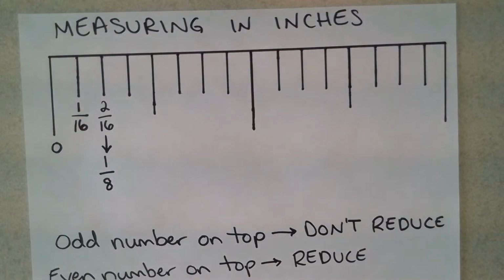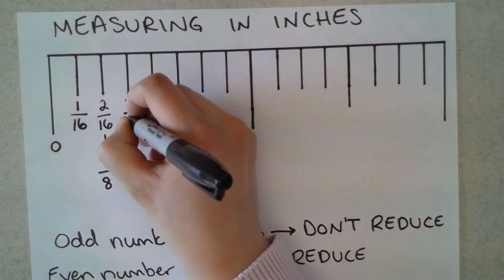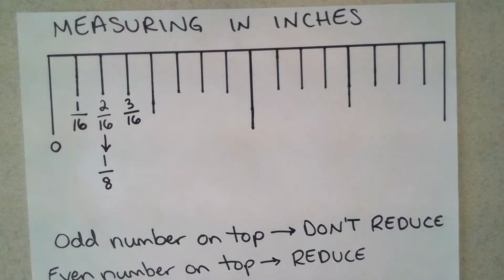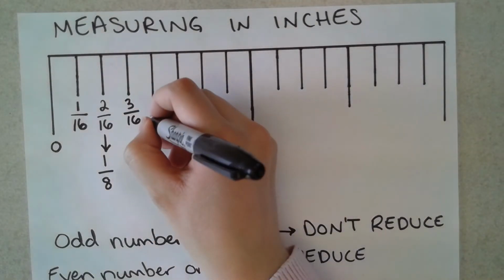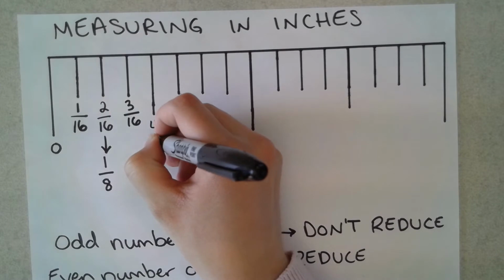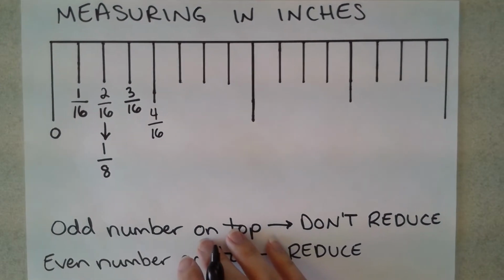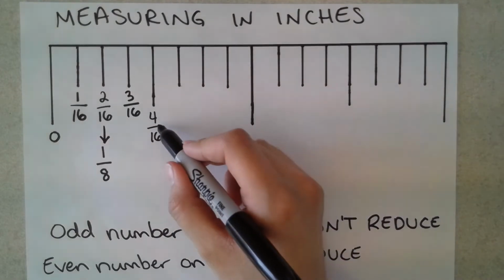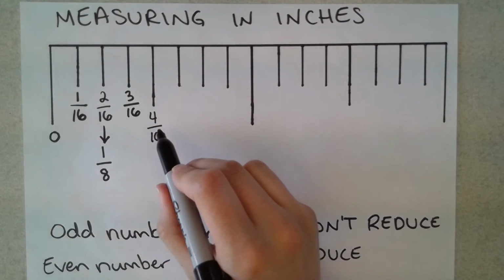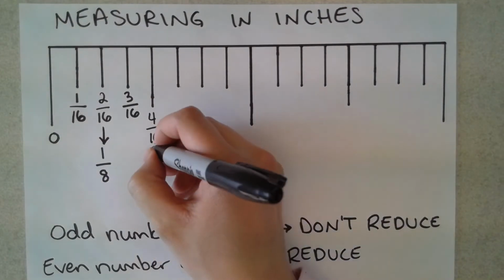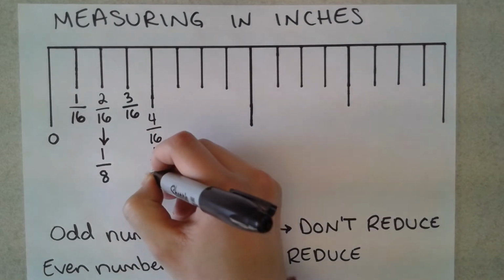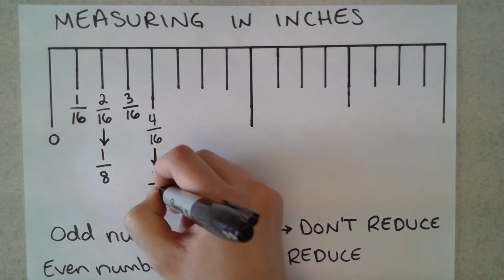Alright, next one is 3 over 16. It's an odd number, so we don't change anything. The next one is 4 out of 16. Now again, we have that even number on the top. That means we need to reduce. And so 4 over 16, we can divide both these numbers by 4, and that's going to give us 1 over 4, 1/4.